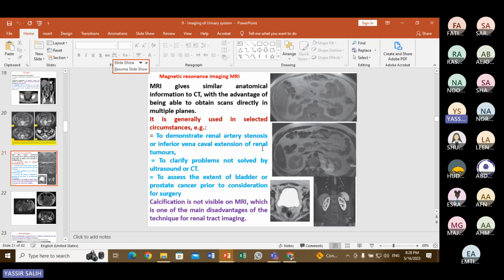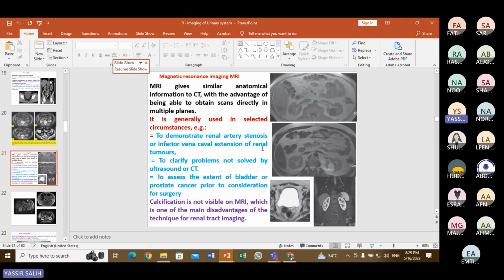How calcification appear on MRI؟ Not appear in MRI. ليش؟ بتكون signal void، توتال بلاك. لذلك not appear لانها توتال بلاك signal void، ما عندها اي signal، بتكون سوداء، ما بنعرف انه هي في lesion or not.